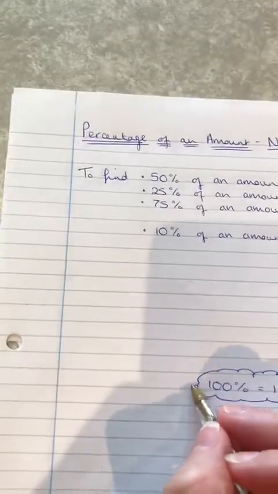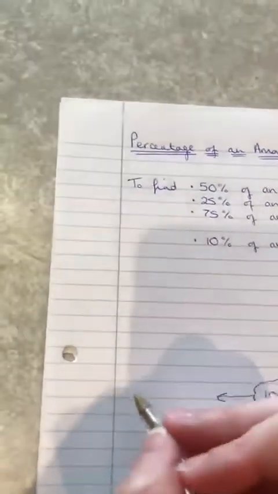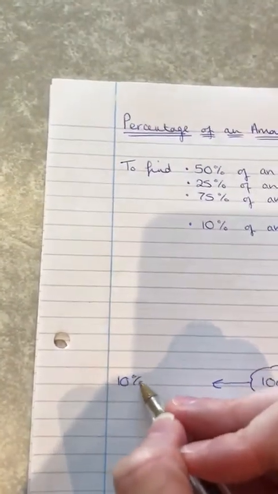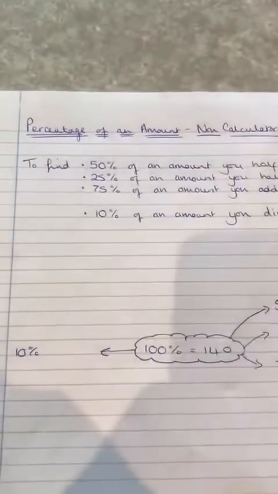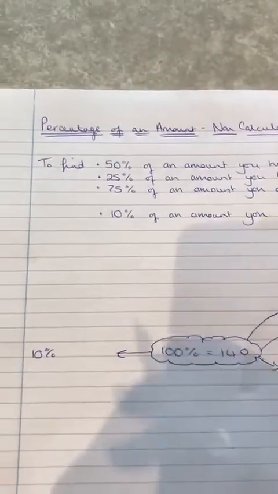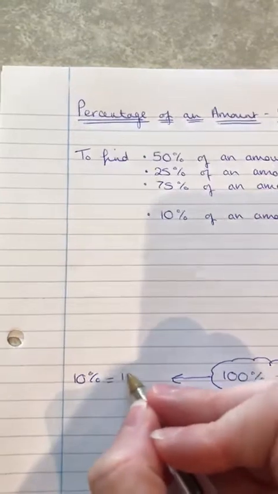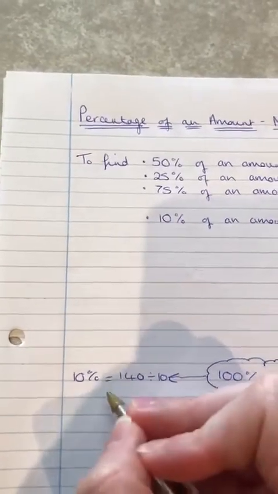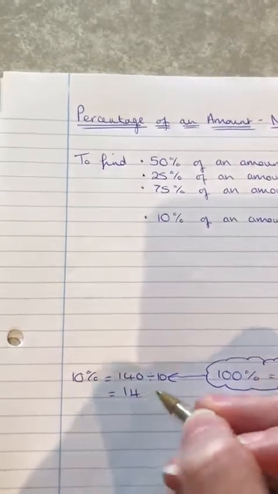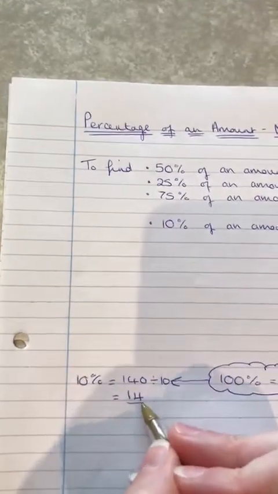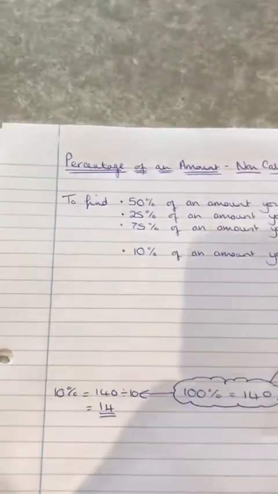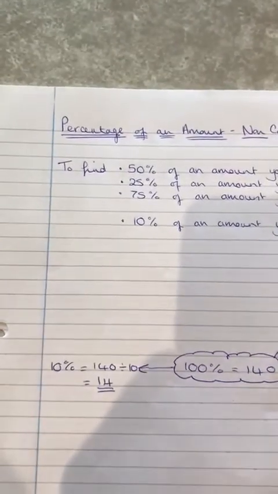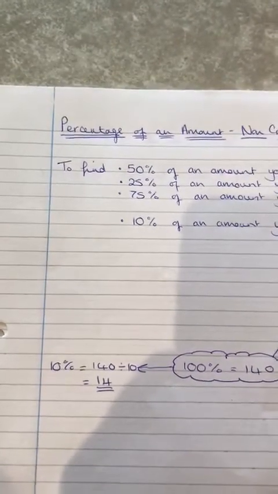So if I was asked to find out what 10% is worth, I have to divide my amount, 140, by 10. And that gives me 14. Okay, so that's a key amount. So I know now that 10% is worth 14.